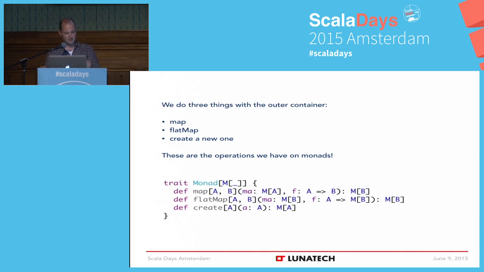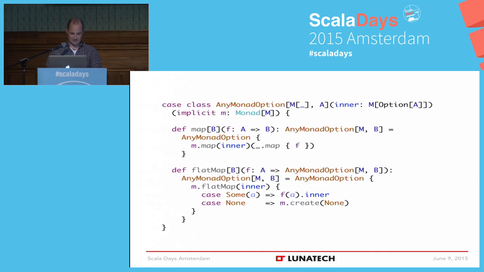It has a map and a flat map method that look very similar to the ones we've defined before. The only difference is that before we defined map and flat map on an object, and here the object is external, so the first parameter to map and flat map is the thing that you want to map and flat map. But using this trait, we can generalize our future option class and make it an any monad option class. That's parameterized not by just the inner value type, but also by the type of monad, the outer of the stack.